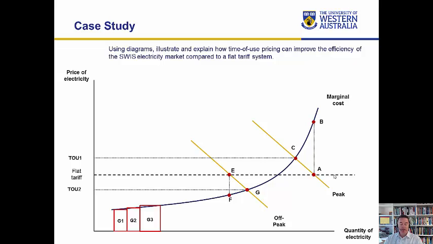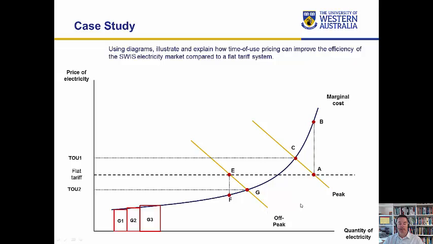What that means is that you need a smart meter. You get your smart meter installed, and then the electricity that you use is charged at different prices depending upon when you consume it. So what I've got here is a demand curve, a peak demand curve and an off-peak demand curve.